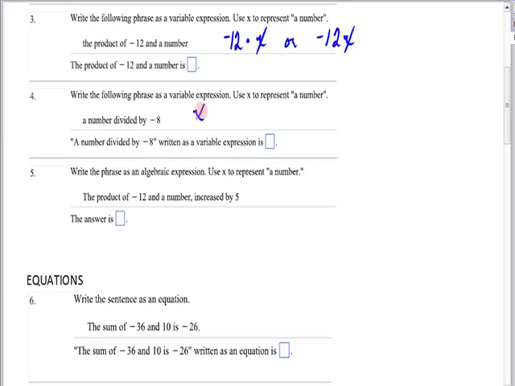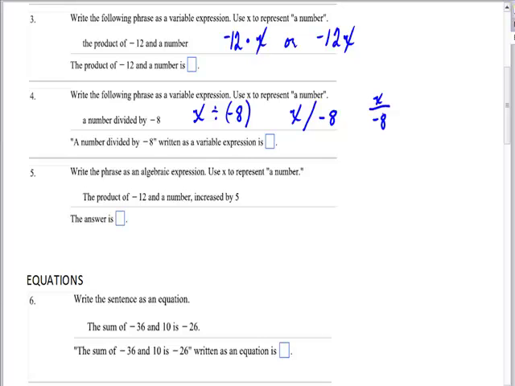A mystery number x divided by -8. The author of your book would put the -8 in parentheses because the two symbols should not get too close to each other. But if you wanted to, you could write it as x divided by -8 that way, with or without the parentheses. If you were writing it on a piece of paper, it could be x over -8, but that's a little more challenging in my math lab.